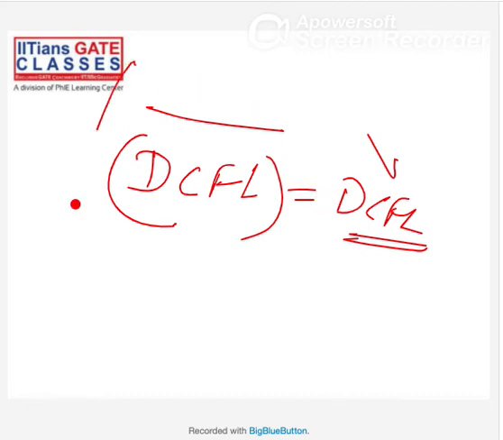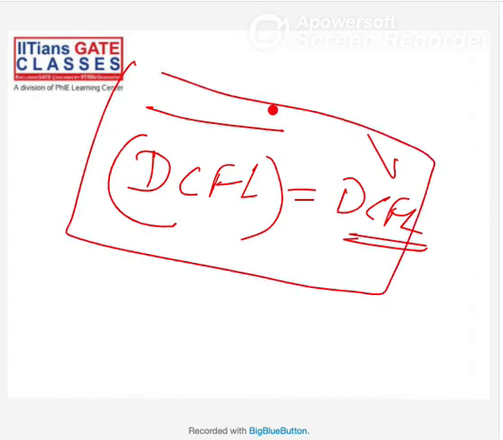This is an important property. We won't see the proof of this closure property because it is beyond GATE level, so there is no need to see that right now. But this result is very important. If you have a DCFL, you do the complementation of it, then the resulting language will also be a DCFL.